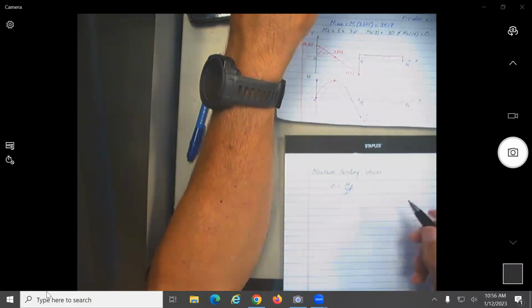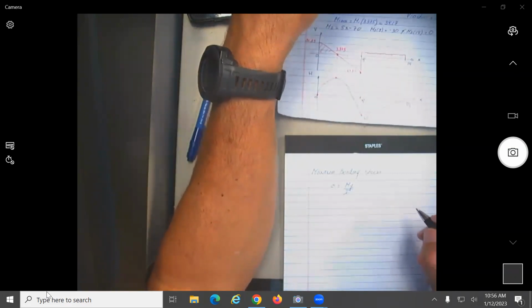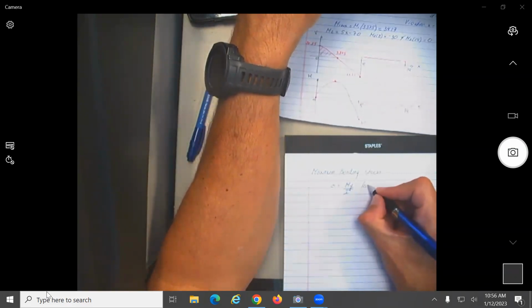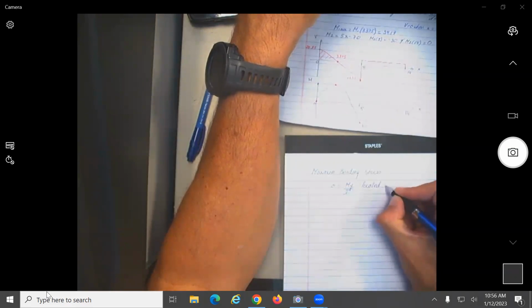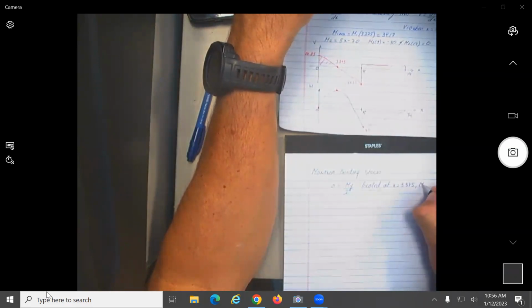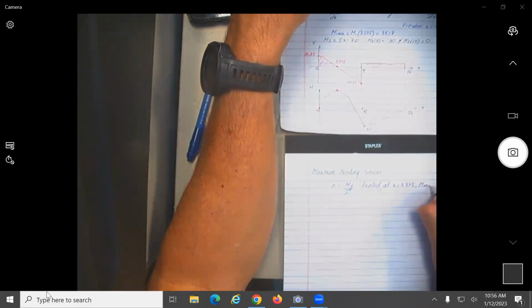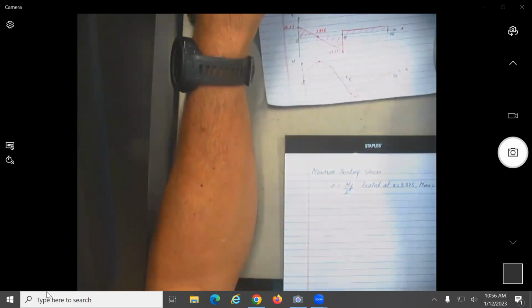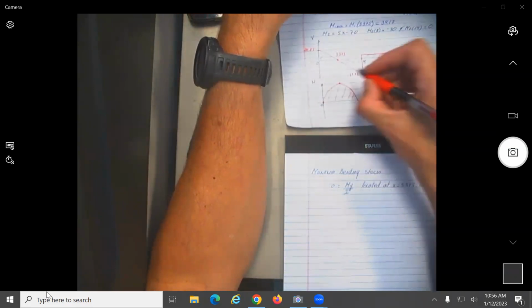So what will be the location of the maximum stress? Okay, so located at x equal 3.375, for which M max we found to be equal to, I think I put it here, but I didn't put it on the figure, 34.17.